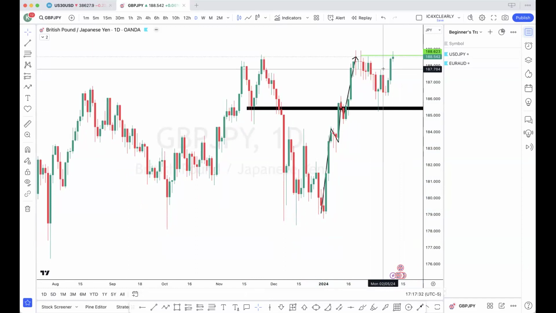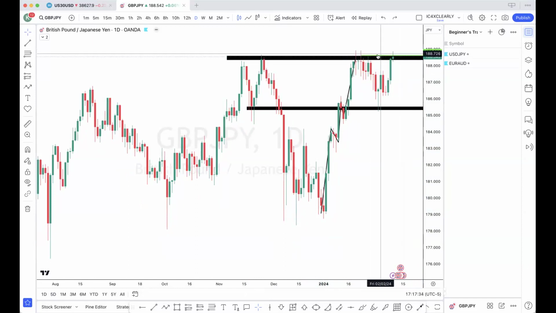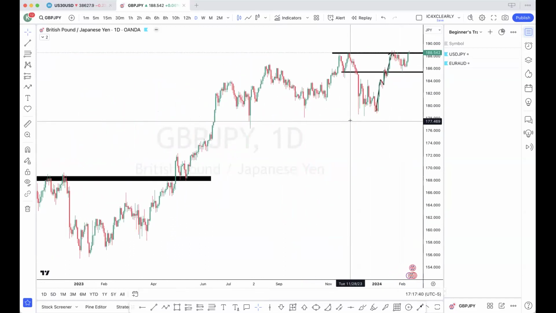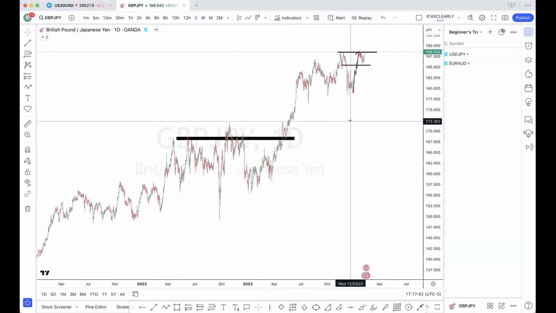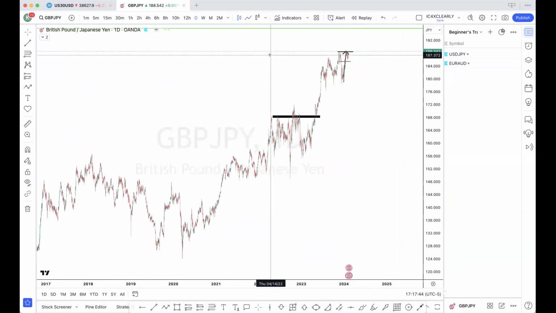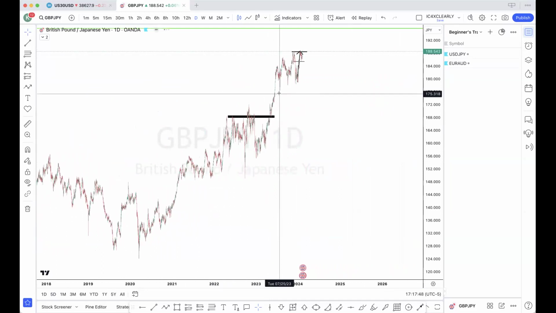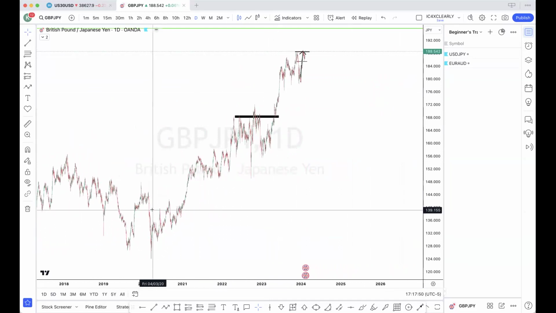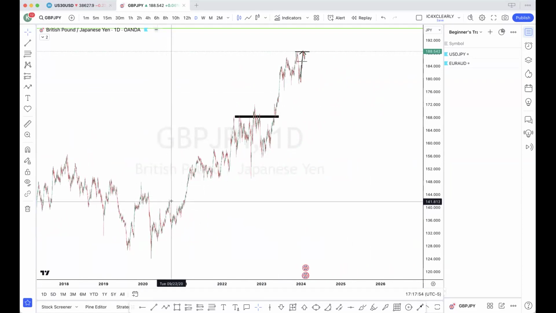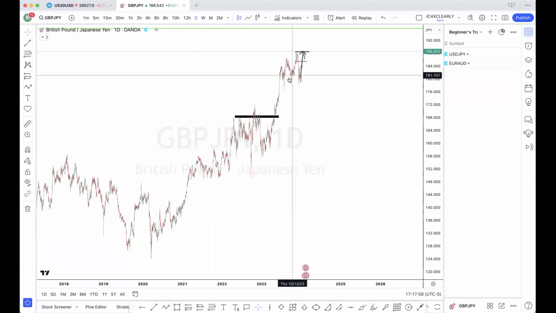With that being said, I still am looking at market structure. If I'm looking at the big picture, price has been bullish for a while now, since about 2020.